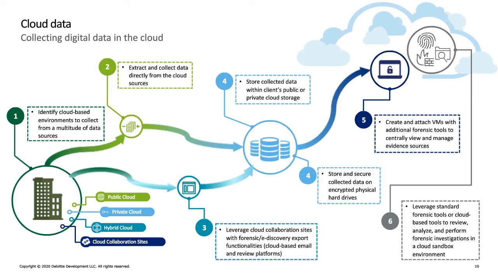3, you can leverage cloud collection collaboration sites. This would include things like Slack, things like Teams. 4 is where the paths begin to diverge. Traditionally, we've always kept collected client data on a redundant pair of encrypted hard drives.